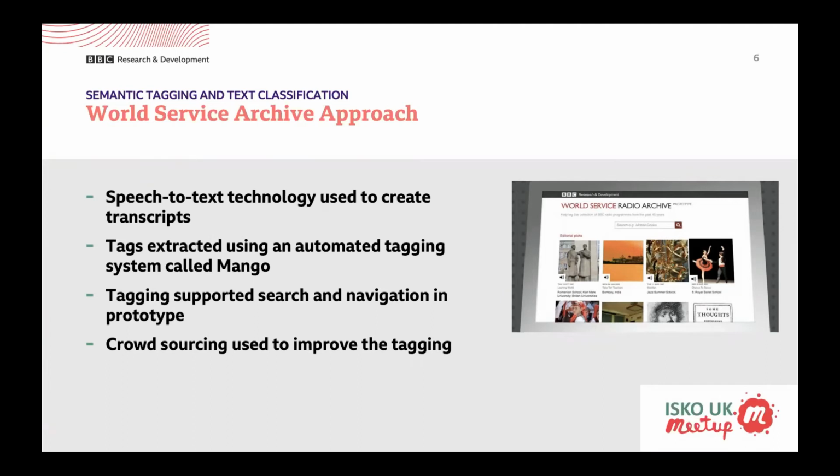And whilst that prototype was publicly available, we actually allowed people to give feedback on the tags so they could correct errors or correct omissions. And we found there were quite a few people who were keen to do this, took it quite seriously, and obviously some domain experts out there who are keen to tag programs they were interested in.